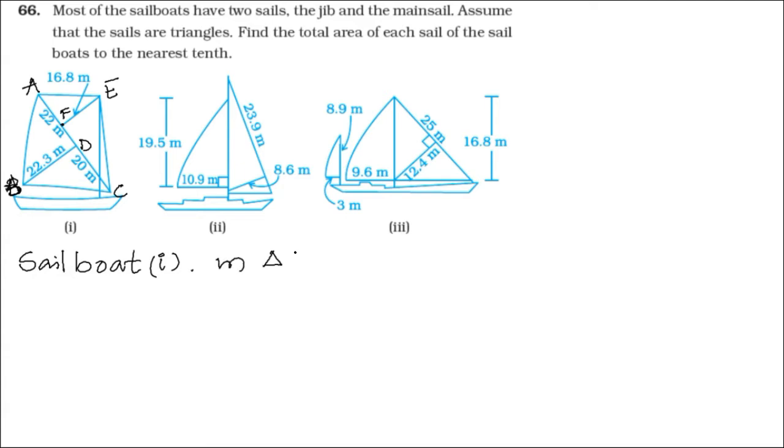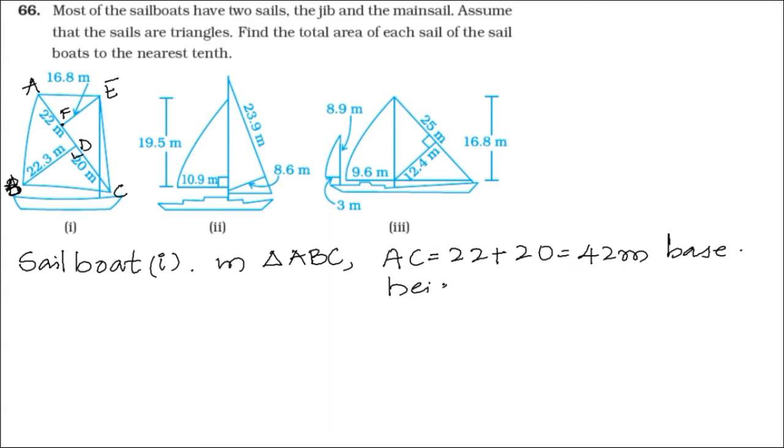In triangle ABC, AC will be equal to the sum of 22 plus 20, which is 42 meters. Let me take this as the base. Let us take BD as the height. They have forgotten to mention this perpendicular. In other triangles, they have mentioned the perpendicular.